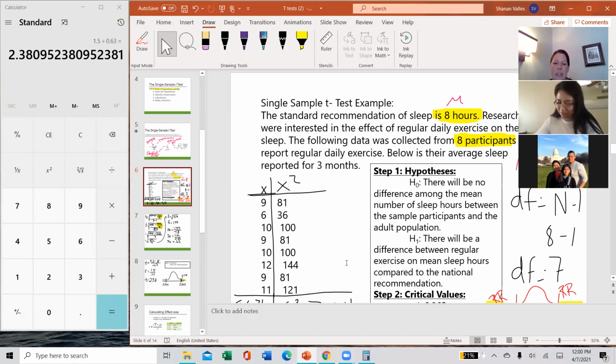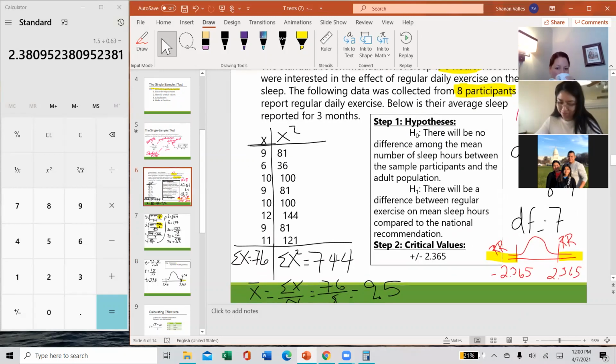How would you find that out? Do you know? We would look at the sample means, okay? And Cassandra, I'm just talking to you because you're the one that's there, okay? So we would look back at our sample means and we would see, in this example, the sample mean of 9.5 was greater than the population mean.